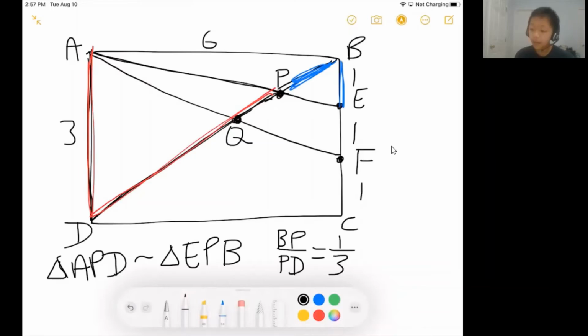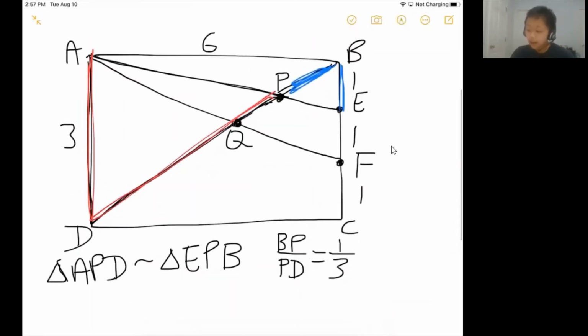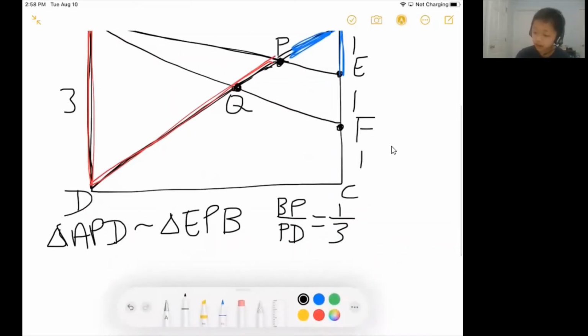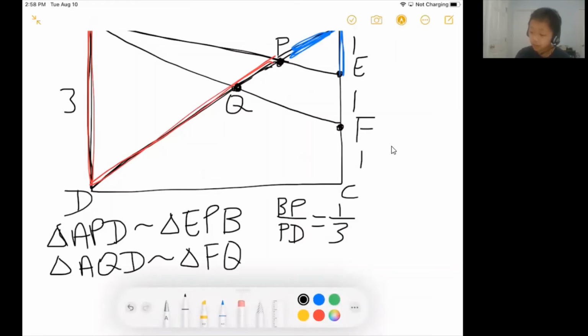Now we can use similar triangles again. We can notice that triangle AQD is similar to triangle FQB.